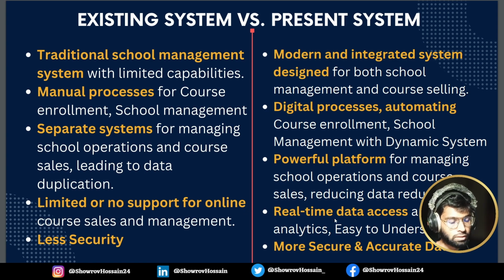But in our dynamic management system, we have a powerful platform for managing school operations and course sales, reducing data redundancy. Then, we can say real-time data access and analysis are easy to understand. And one thing is that it's more secure and gives accurate data. It always provides you accurate data and it's more secure.